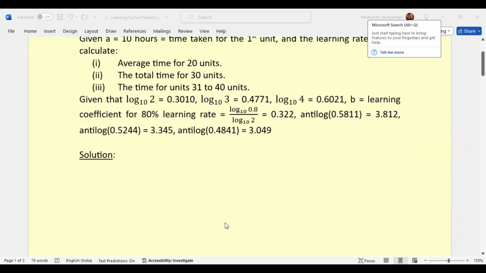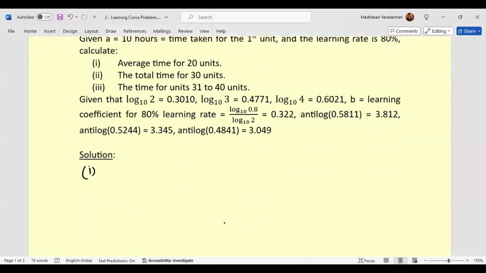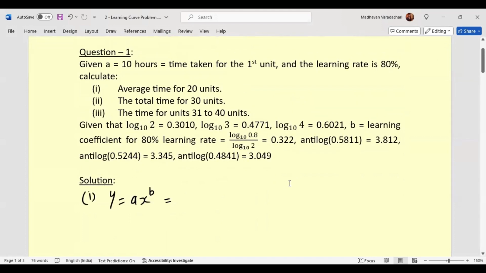Let us start. So let me first do the first question. We have the learning curve model as y is equal to a x to the power of b. So in this first question, we have already been given a value as 10 hours.